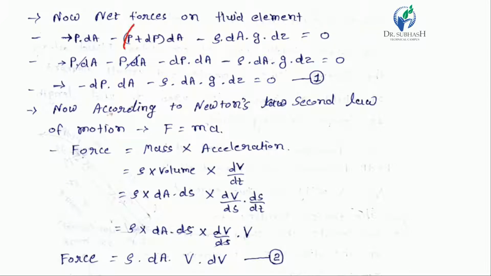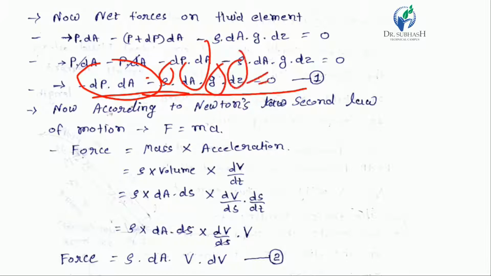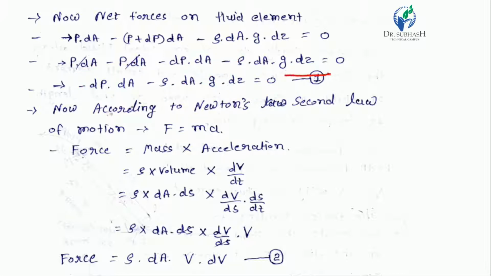Opening the bracket: P dA minus P dA minus dP dA minus rho dA g dz. P dA minus P dA cancels, so what remains is minus dP dA minus rho dA g dz equal to 0. This is defined as equation 1.